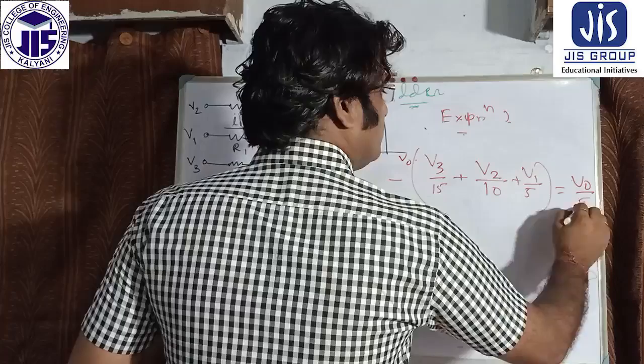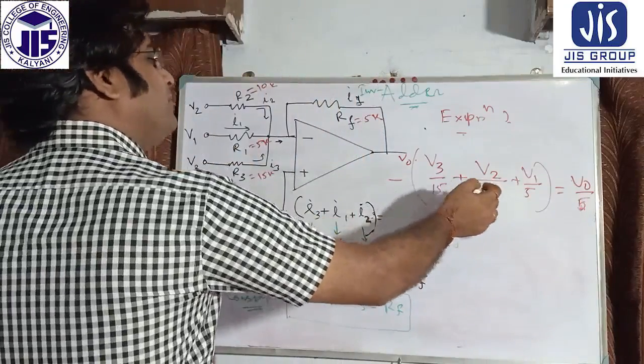Okay, Rf is also 5. So these are 5, 5, 10, 15.